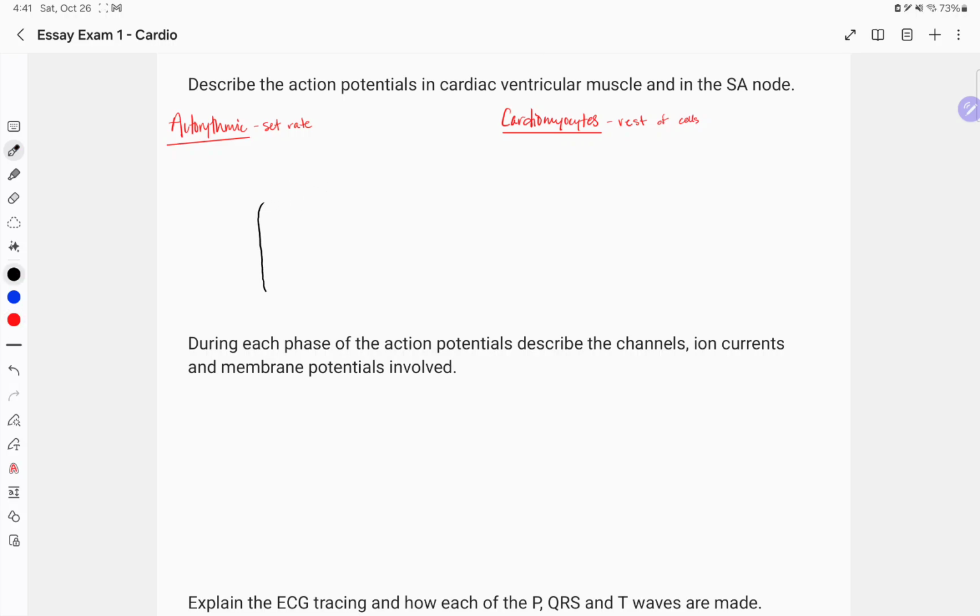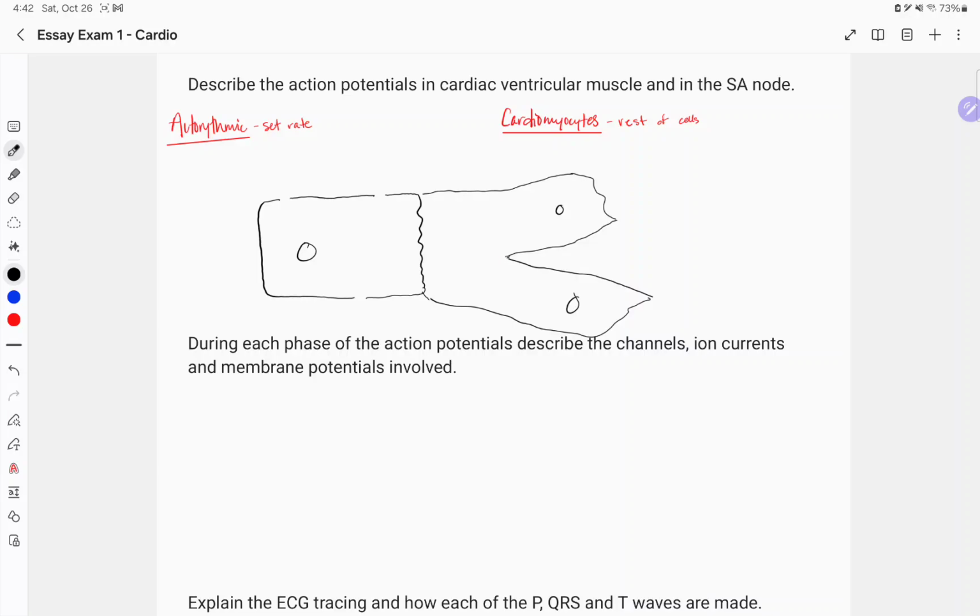I'm just going to draw this cell here. So for the sake of simplicity, I'm just going to have these three cells drawn here. And this first one here is an autorhythmic cell.